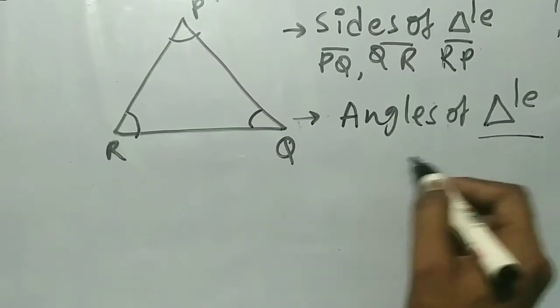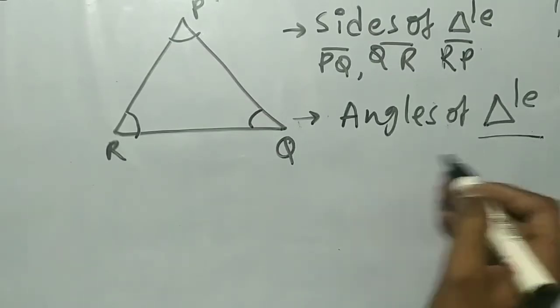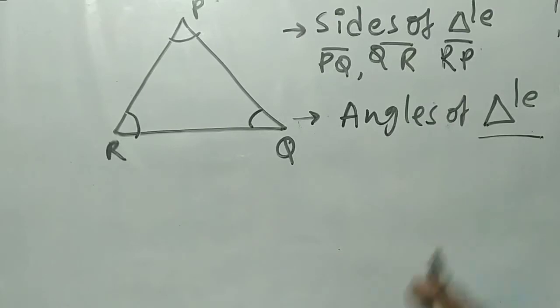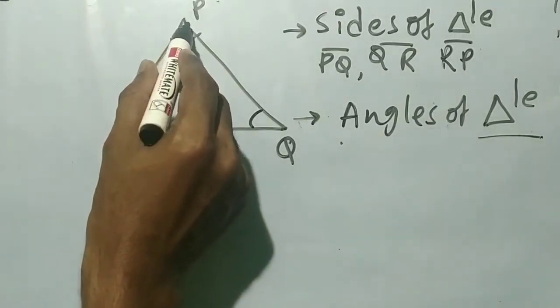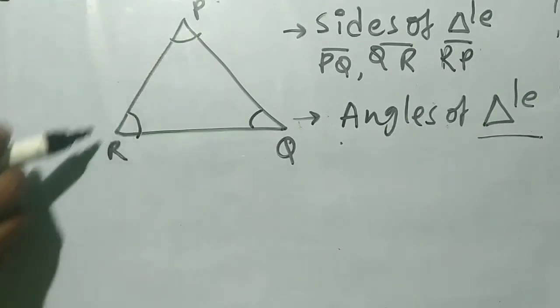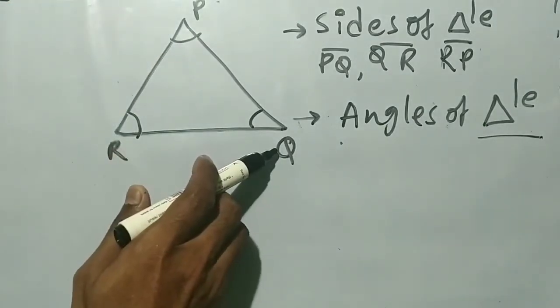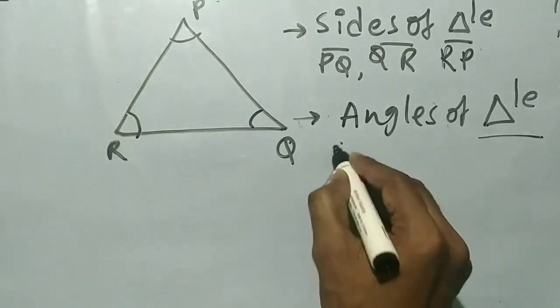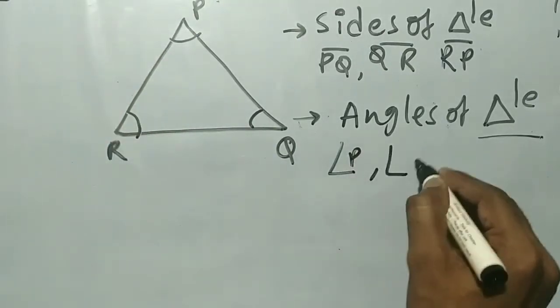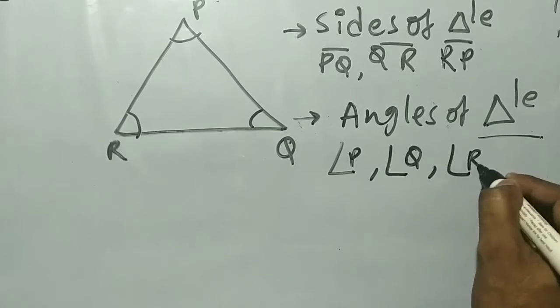You can write it in spelling also, but I am writing the short form for easy understanding. There are vertices P, R, and Q. The vertices form 3 angles: angle P, angle Q, angle R.